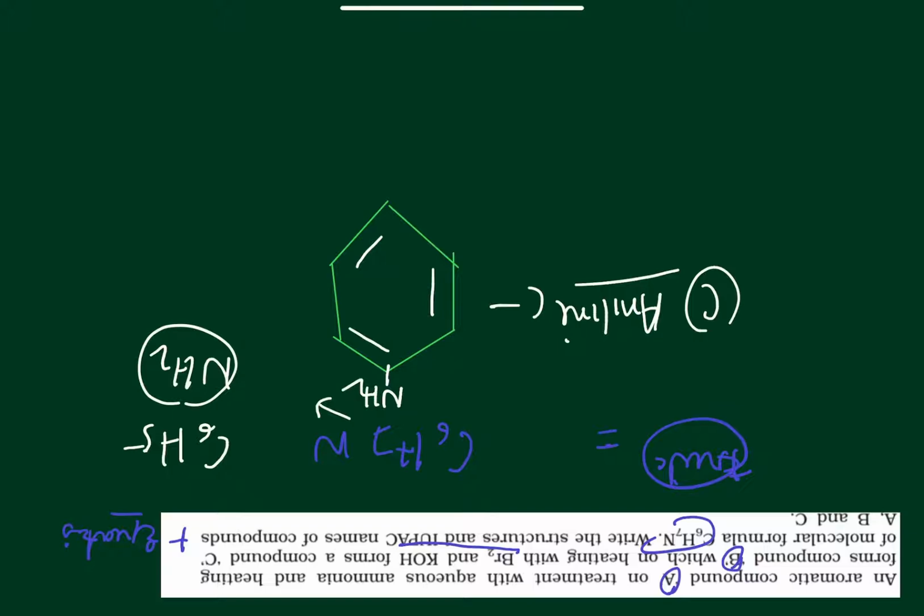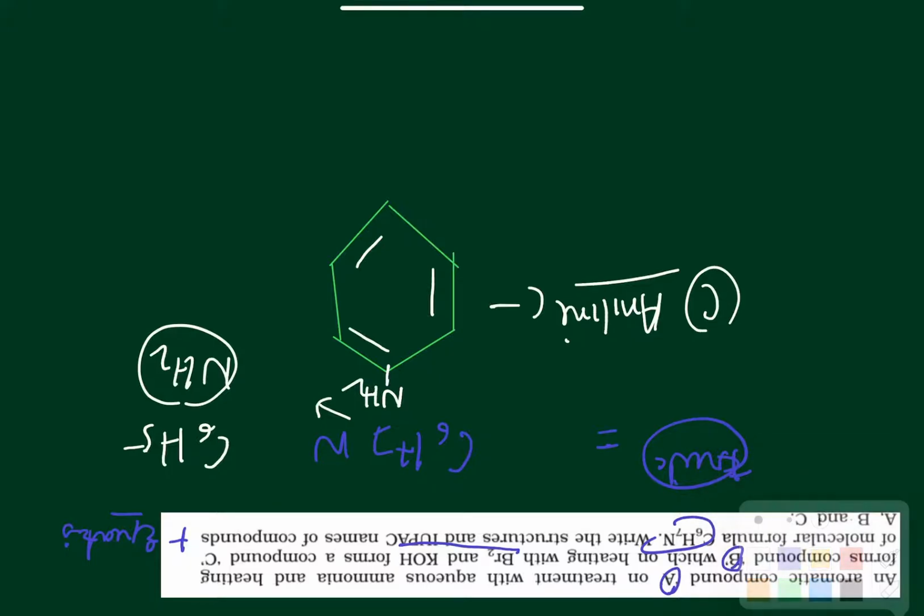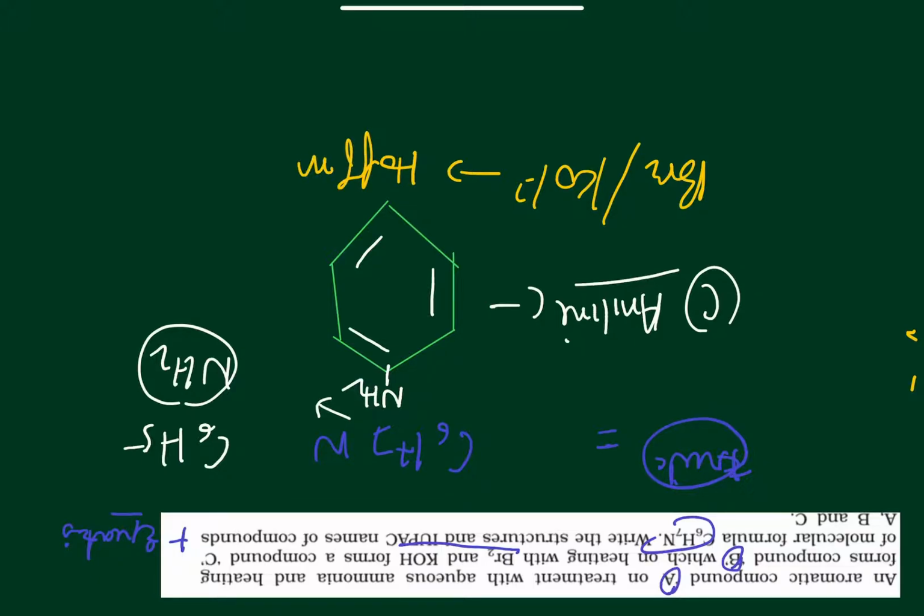So you already know that this reagent in amines context, Br2 in KOH, is of the reaction Hofmann bromamide degradation.